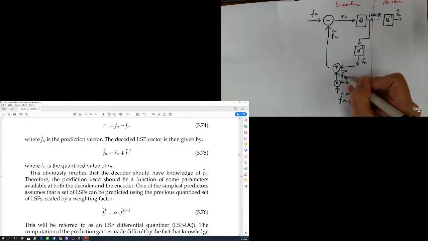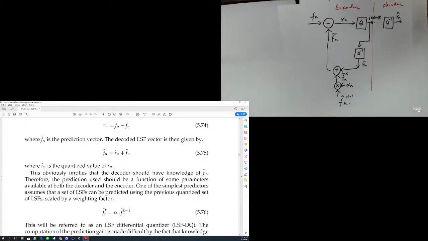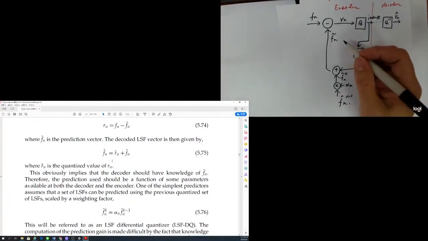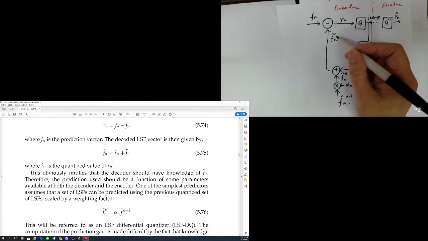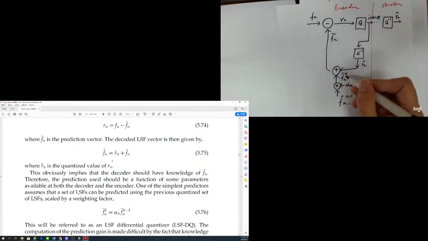Prediction here. So you can see your prediction multiplies your residual, so it becomes the decoding signal. So this one is your decoding signal. Okay, I was confused, sorry about that. So this one should be after, not here.